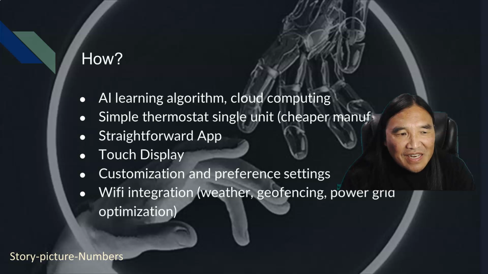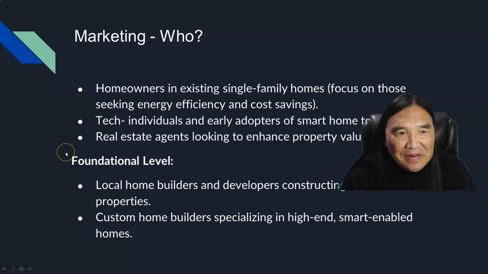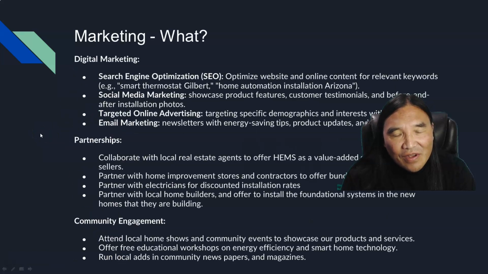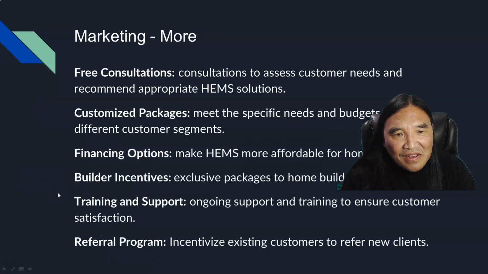And once again, story, picture, numbers, nothing here. Again, marketing who? Again, you have to treat every slide as its own story. Where's the headline in this? You have to sum up your marketing in the beginning, and so then all of a sudden these have more impact. This is just a laundry list.